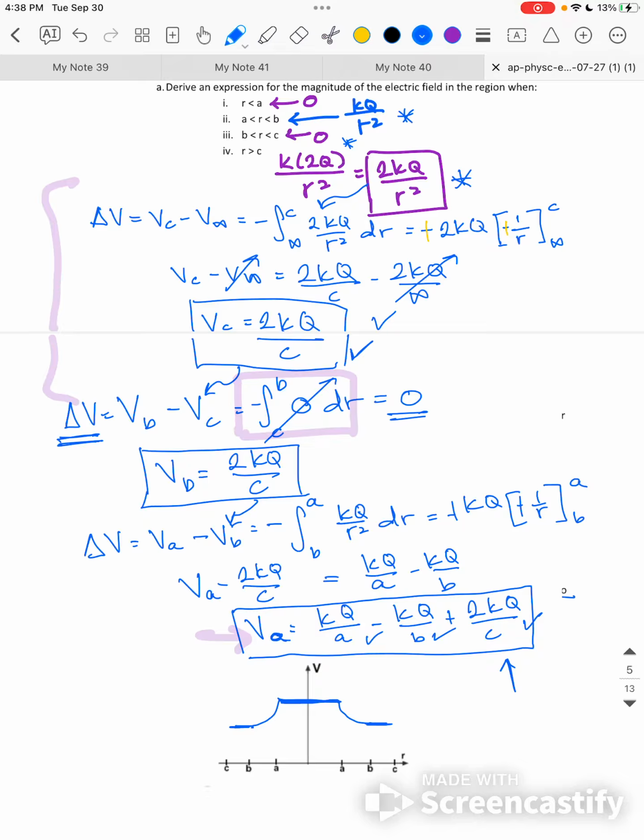And then once you get beyond C, we get a pretty good idea that it is going to approach 0 at infinity. So this is your potential graph. Again, anytime your electric field is 0, you should have a constant between those 2 points, and then everything else would represent an inverse proportion.